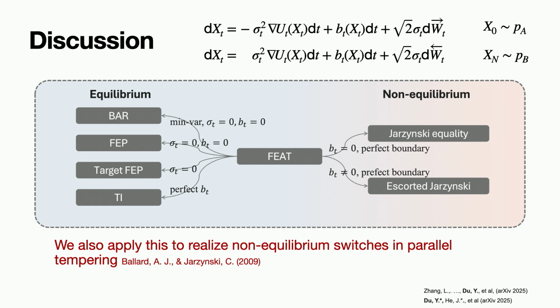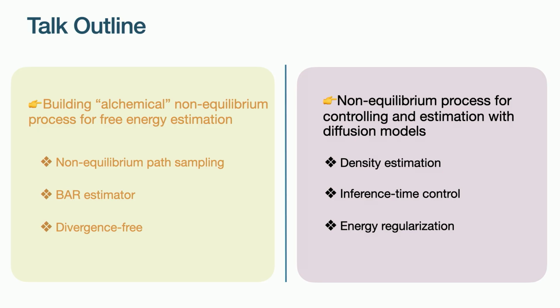The idea is that we can always bridge two distributions by taking either a continuous normalizing flow, discrete normalizing flow, a controlled SDE or an SDE, and keep track of the work. Jarzynski also wrote another paper in 2009 at PNAS that uses non-equilibrium switches to improve parallel tempering. We also did that in another work.